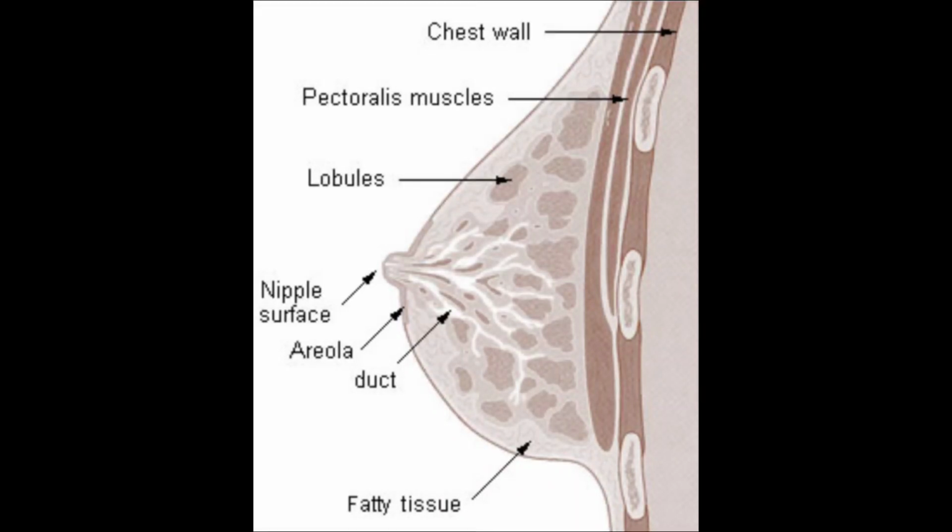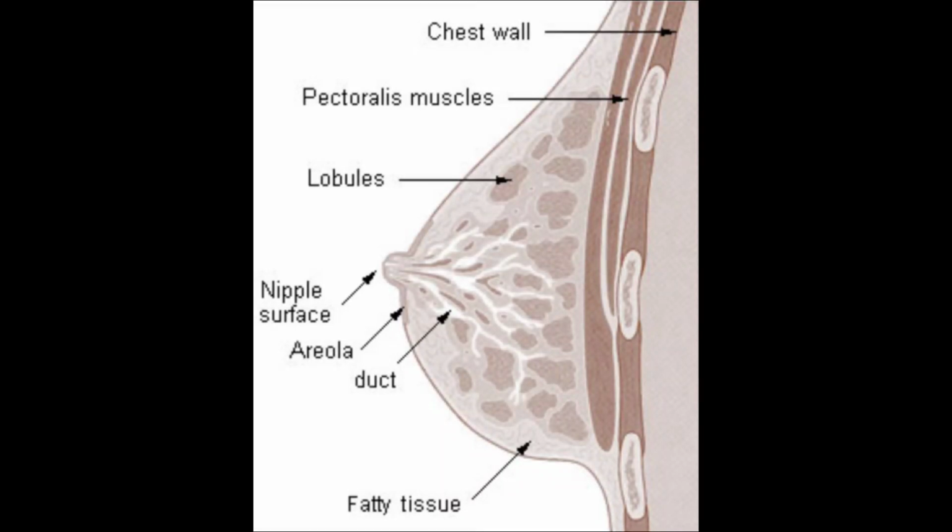Just beneath the nipple area, that brownish skin discoloration is called the areola. If you concentrate on the ducts and ductules, these arise from the lobules of the breast. There are multiple lobules within the breast, and these lobules communicate with the ductules to the surface of the breast by the nipple.